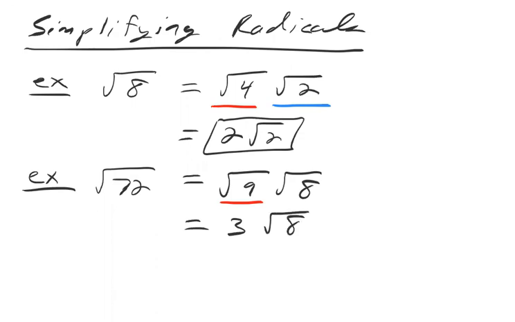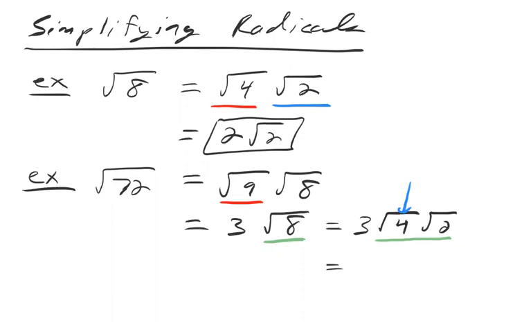But I'm not done. Why am I not done? Because I can keep breaking up the 8. I leave the 3 in there and change this to square root of 4 and square root of 2, which is what 8 is. But notice that square root of 4 is just 2.